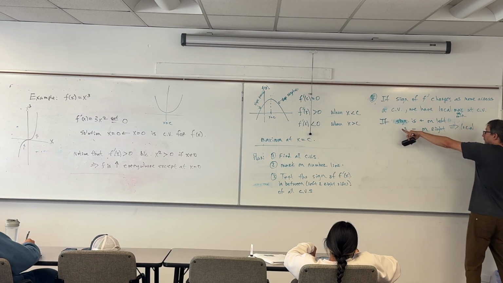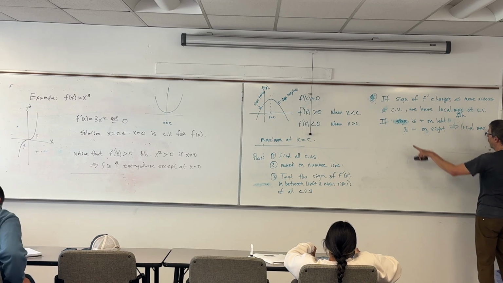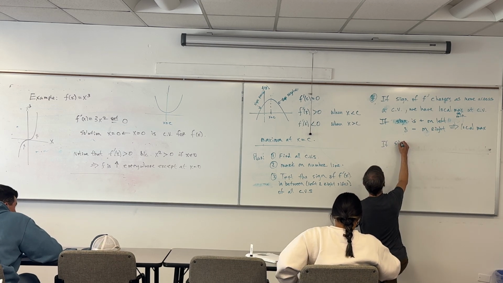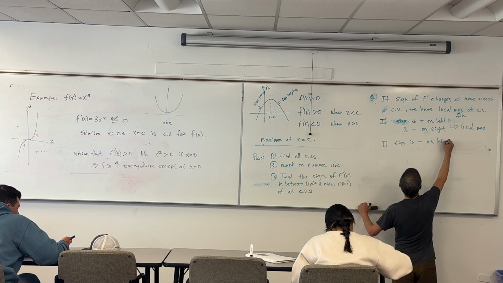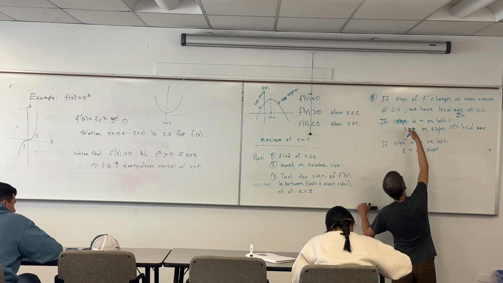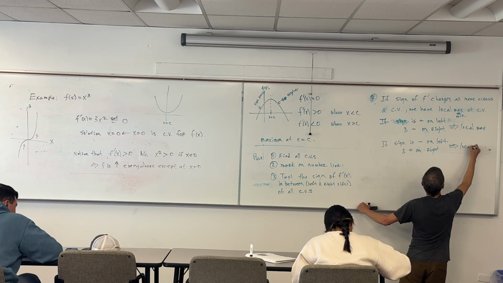And now I'm doing specifics of which is which. Local max, if we move from plus to minus on the derivative. If sign is negative on the left and positive on the right, that means you're moving down and then up. We have a local min.